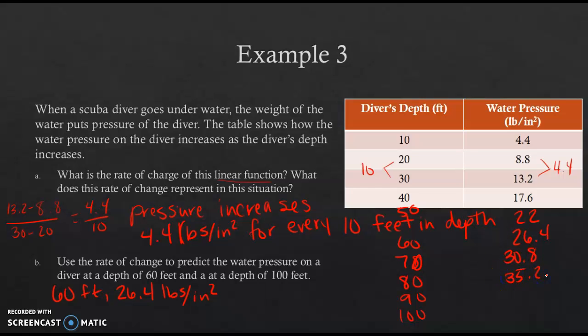Do it again and we get 39.6, and we do it one last time and we get 44. So at 100 feet, there is 44 pounds per square inch of pressure on the diver.